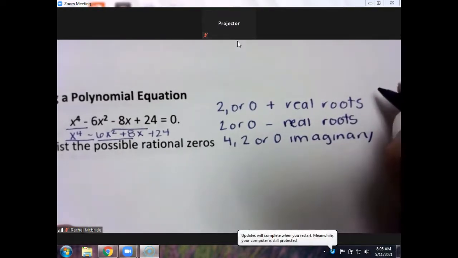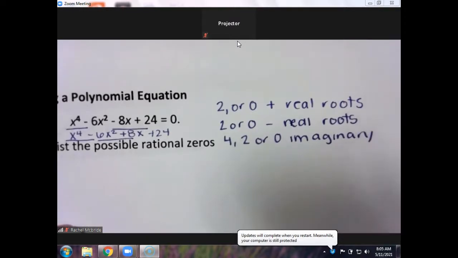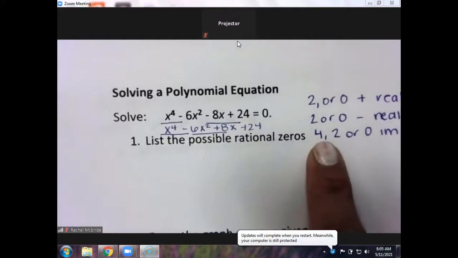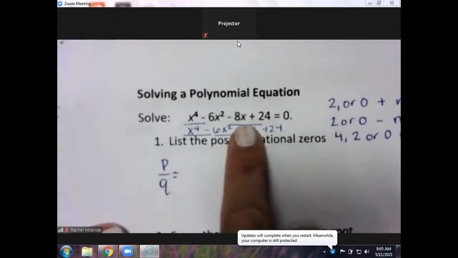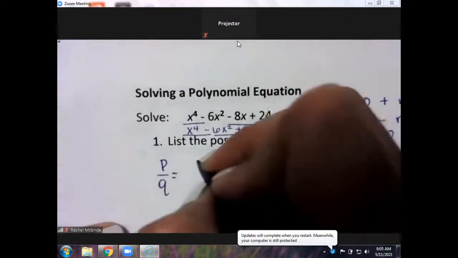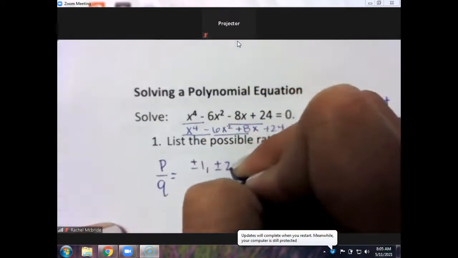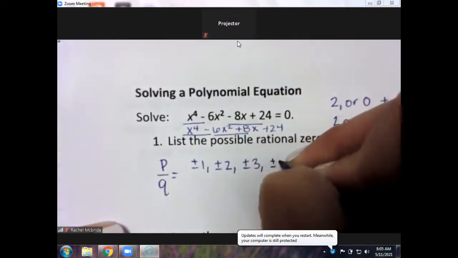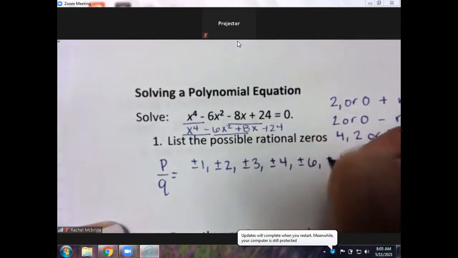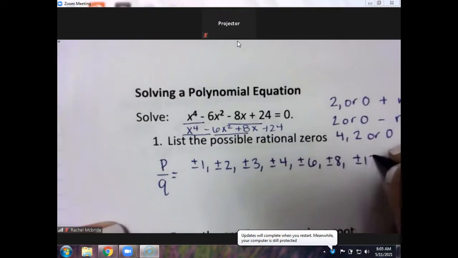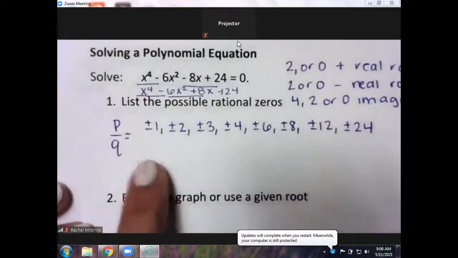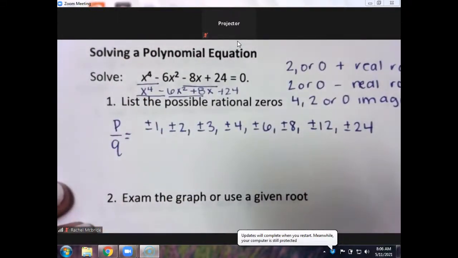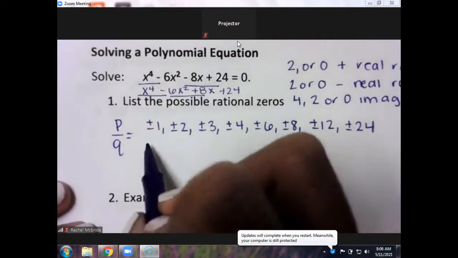So this is what we call Descartes' rule. The possible rational zeros can now be all plus or minuses the factors of 24 over the factors of 1, which are simply 1.